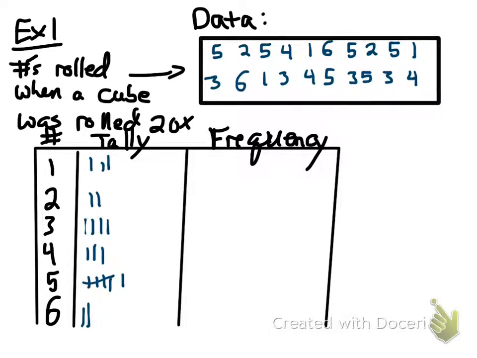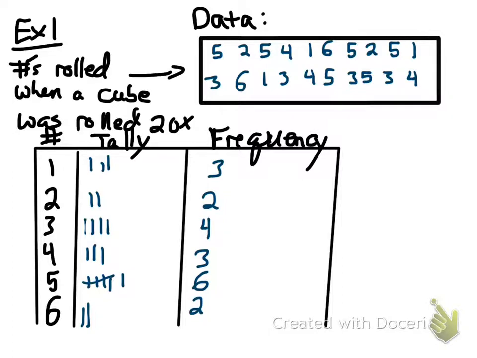Alright, so now I'm going to add these up. So my frequency for the number 1, it appeared 3 different times, 2 appeared twice, 3 appeared 4 times, 4 appeared 3 times, 5 was rolled 6 times, and 6 was rolled 2 times. Okay, so there's my frequency. This tells me how often each of these different numbers was rolled.